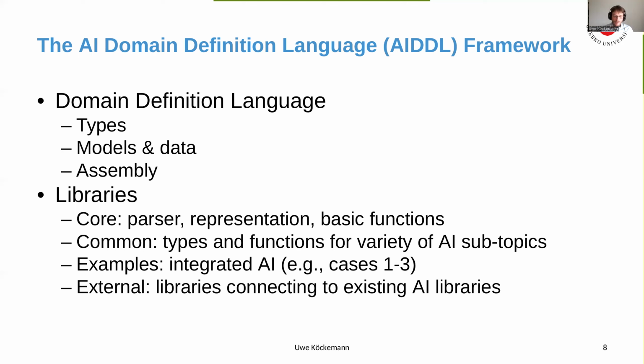A common library, which includes types and functions for a variety of AI subtopics, as well as example libraries for integrated AI, which are exactly the implementations of the three cases that I have shown. And external libraries to connect to existing AI libraries for state-of-the-art implementations.